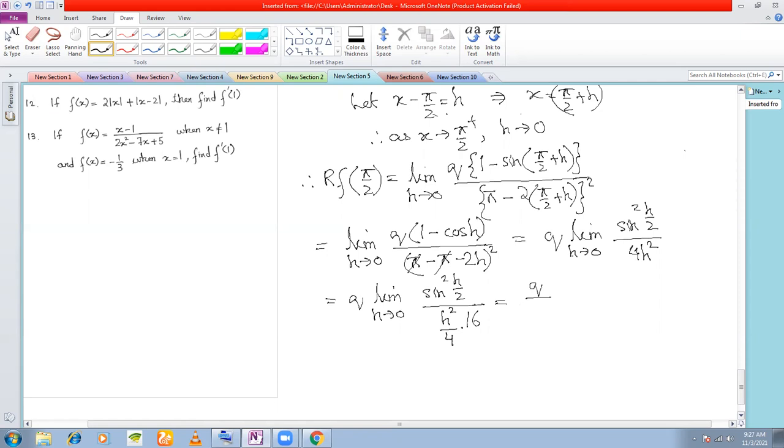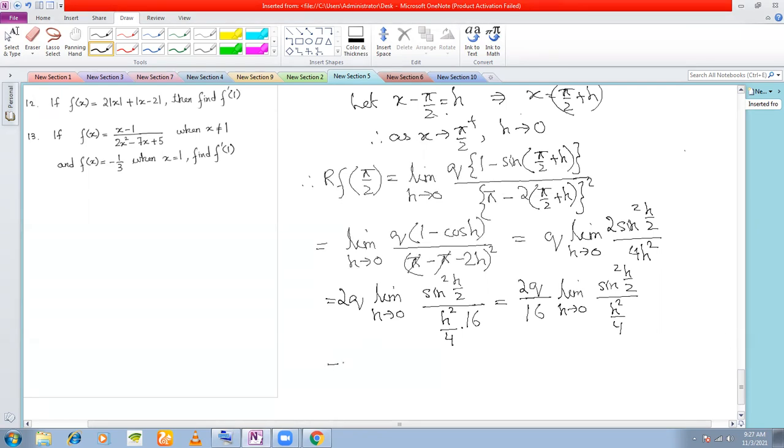Okay, I'm getting a 2 sine square h here. So I can take 2q out here. So this is 2q divided by 16, left with limit h tends to 0 of sine square h by 2 divided by h square by 4.